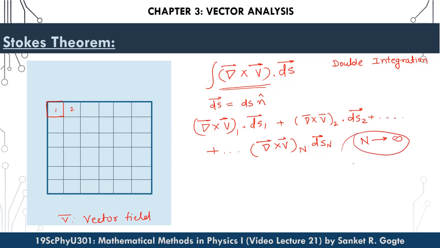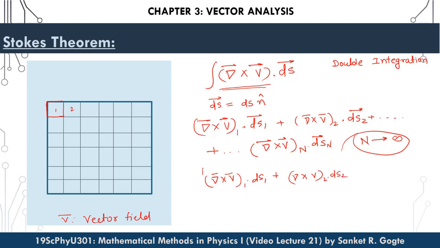Now let me consider two terms here, which are del cross v at 1 dot ds1 plus del cross v at 2 into ds2.